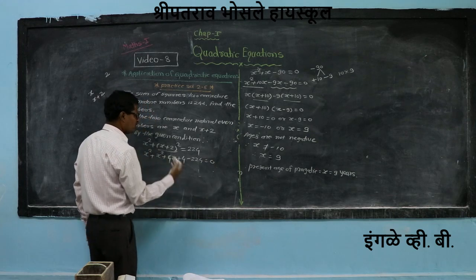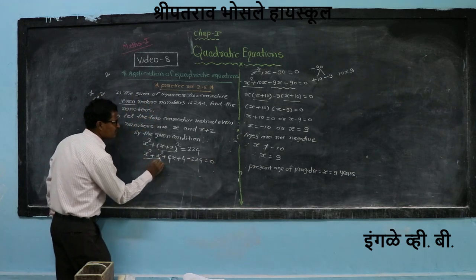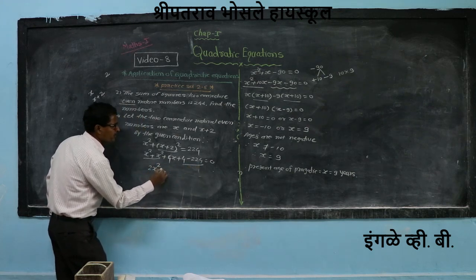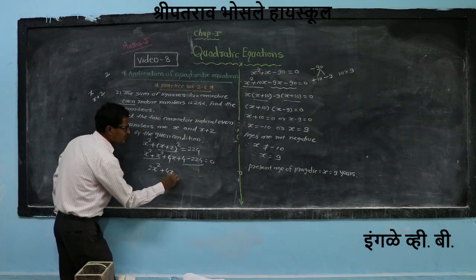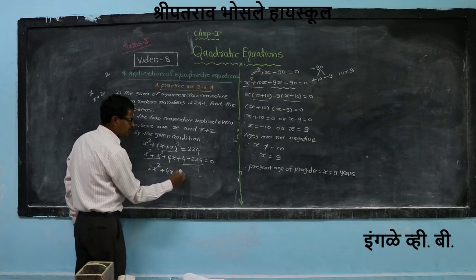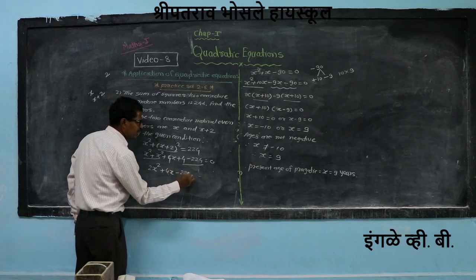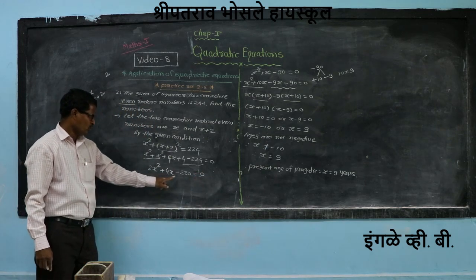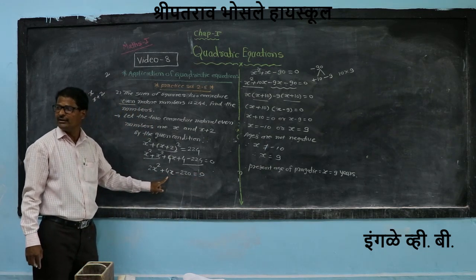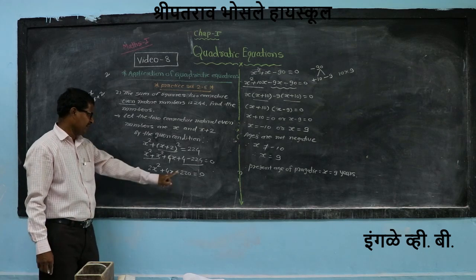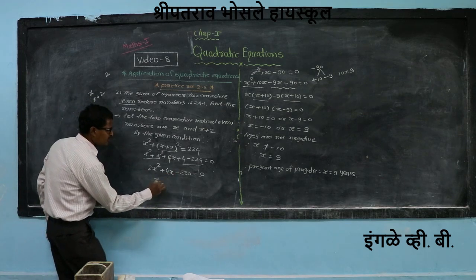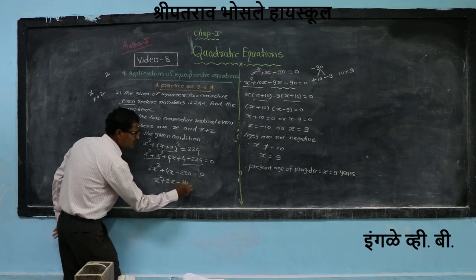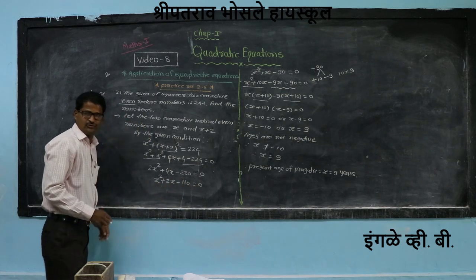Take 244 to the left hand side. Like terms: 2x square plus 4x, and the difference is minus 240 is equal to 0. Divide both sides by 2, we get x square plus 2x minus 120 is equal to 0.